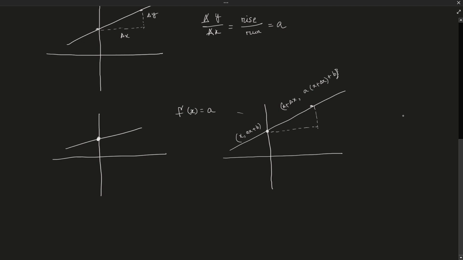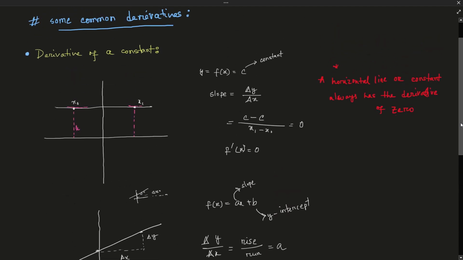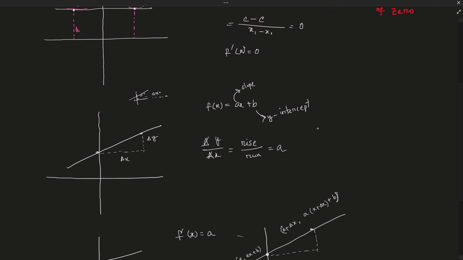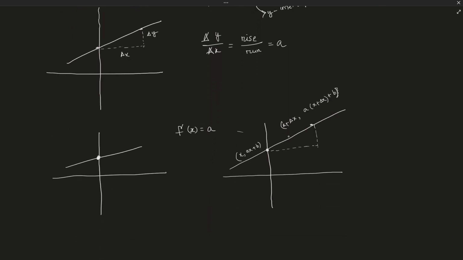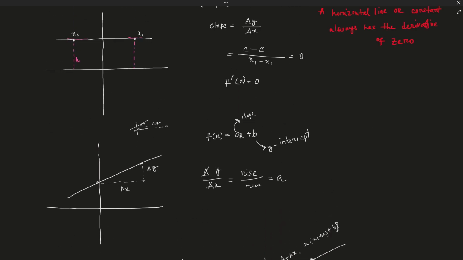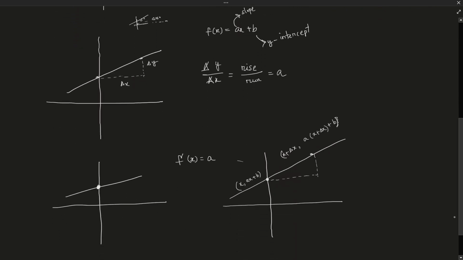We had the equation f of x equal to ax plus b, right? In this x, we now put x plus del x, and we finally got a of x plus del x plus b, a point.